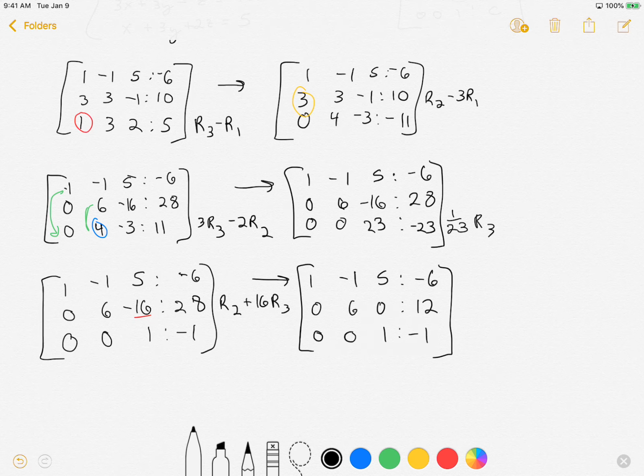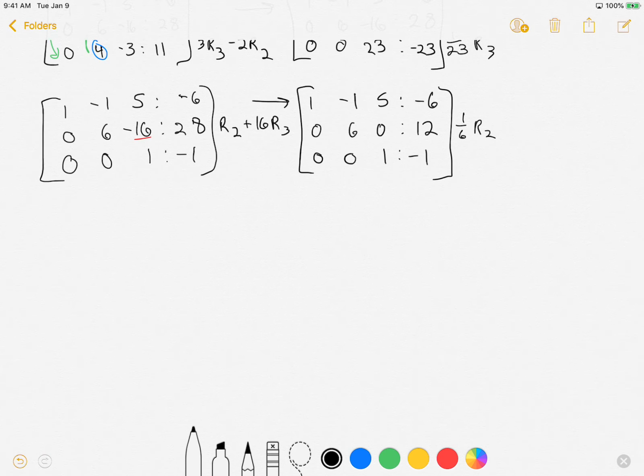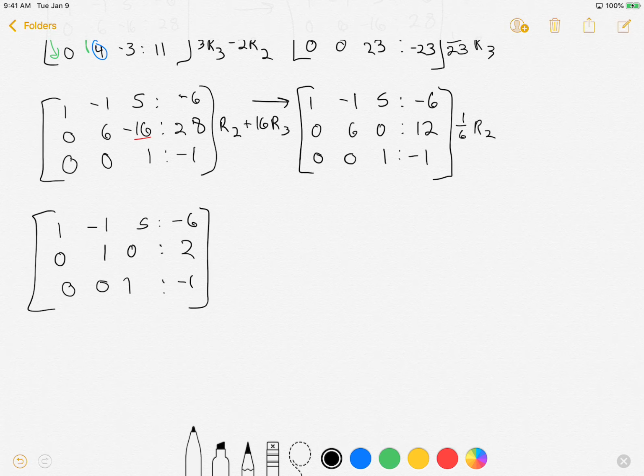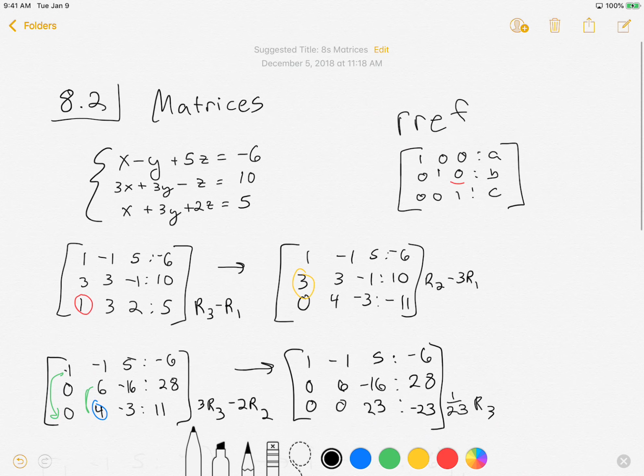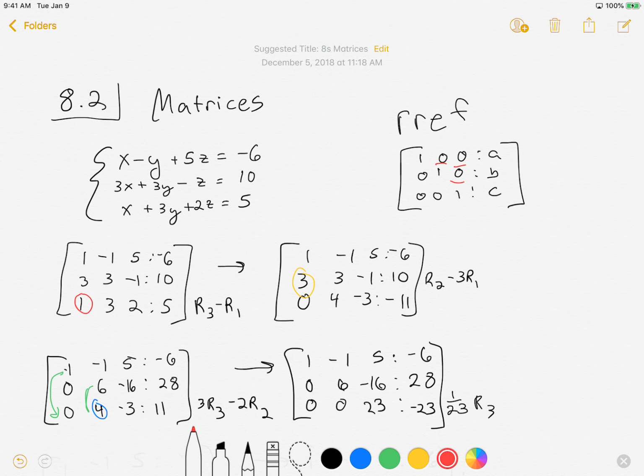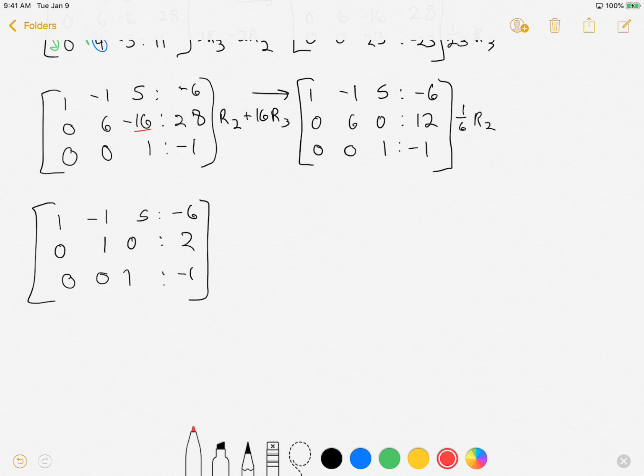So then all I have to do now to get the second row in row reduced echelon form is divide by 6. Top row stays the same. Second row is dividing by 6. Okay, almost there. Now, looking at the top row, I need zeros in these positions. So I need to eliminate those. I'm going to use row 2 and row 3 to eliminate those.